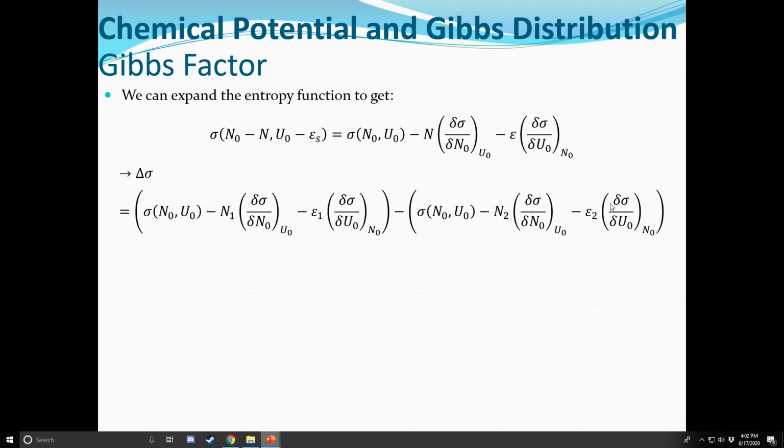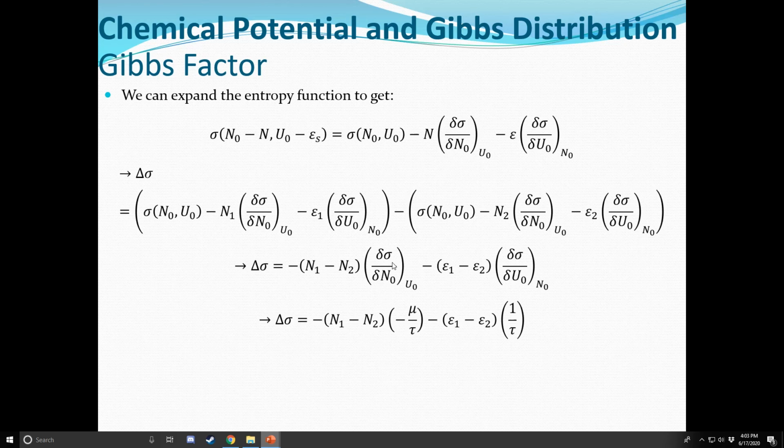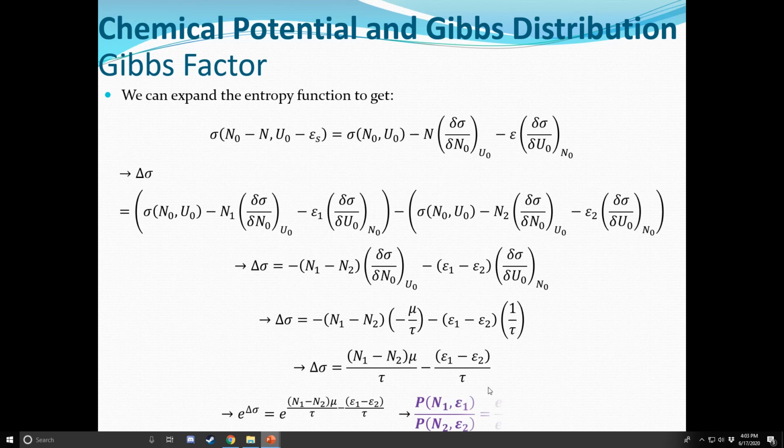So we end up getting this whole part, of state 1 and state 2. And you'll notice that there are some things that we can actually cross out and combine together to make it a little bit nicer. Now we can simplify these two terms as being minus mu over tau and 1 over tau. And once again, we can move some things around, simplify it in order to get the probability ratio to look something like this.